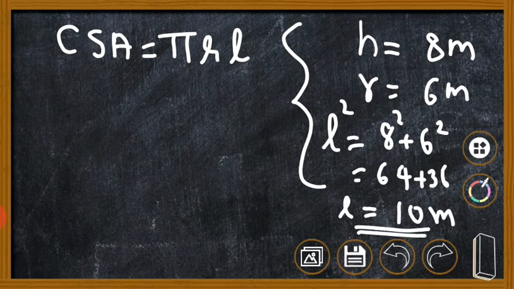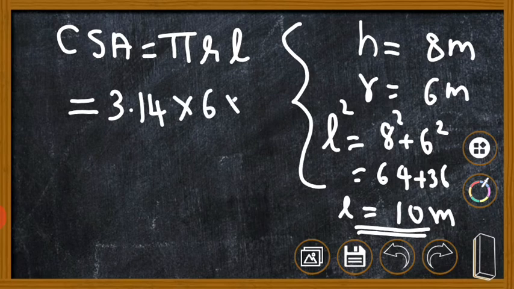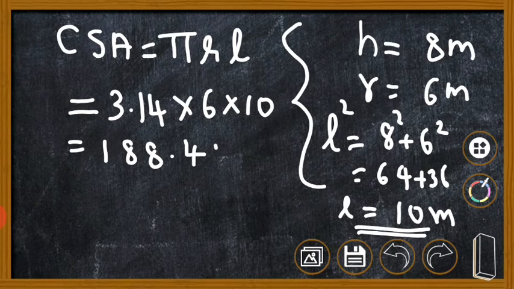So first you calculate how much area is required for making the tent. That is, you have to calculate the curved surface area of the cone. It is given that you should use the value of pi as 3.14, R is 6, L is 10. And if you multiply, you will get 188.4 meter square.